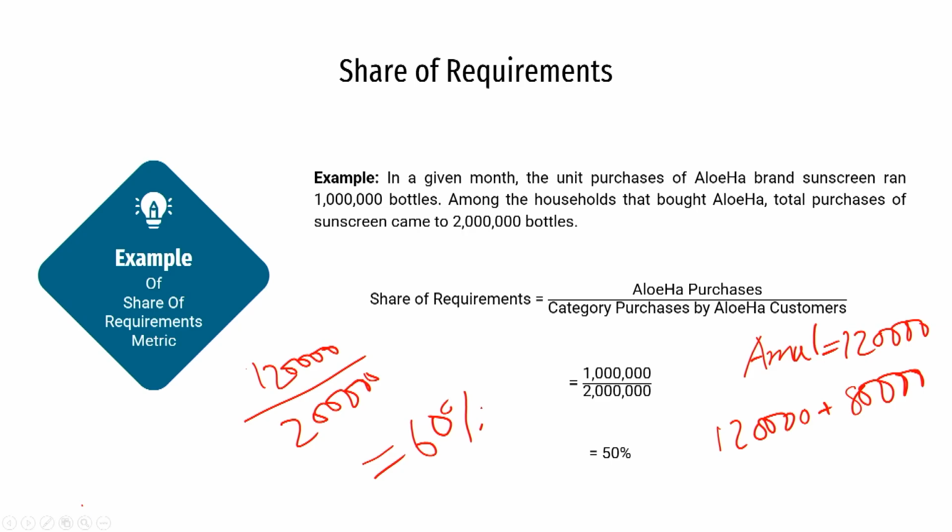Means all my buyers, all the people who are my current customers, are buying 60% from my brand and they are buying 40% from some other brands. So, the loyalty is 60%, the average loyalty at this particular stage is 60%. So, this is about how we can calculate the share of requirements.